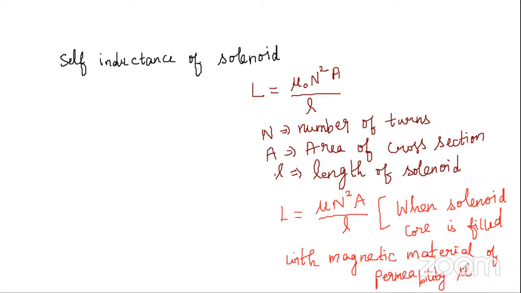And you can also have one more constant here, that is number of turns per unit length. You can also have n equal to number of turns per unit length. So small n equal to number of turns per unit length.